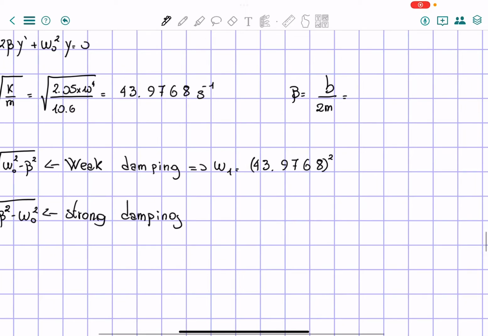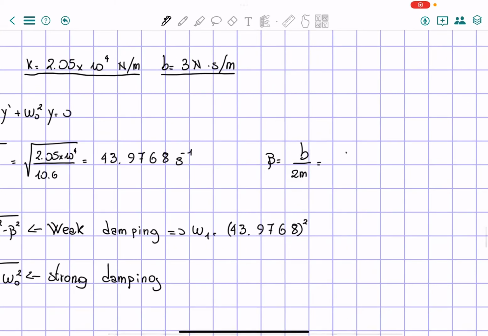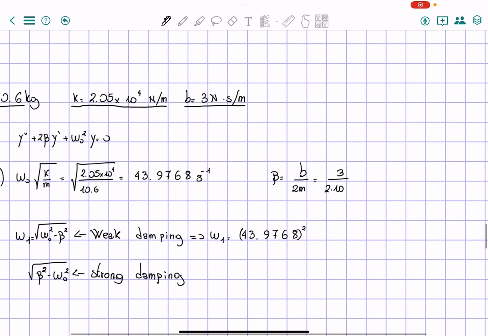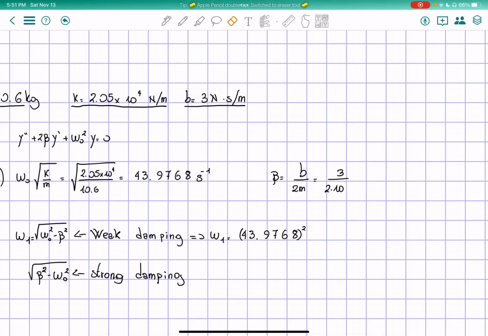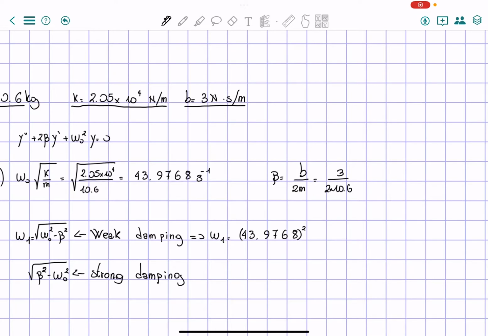And therefore, we have to take what we had before, so 3 divided by 2 times 10.6, which is equal to, let me plug it in, 0.14151, about. This is rounded.